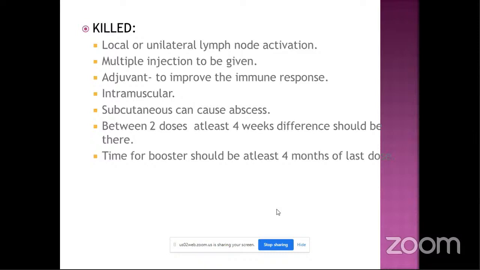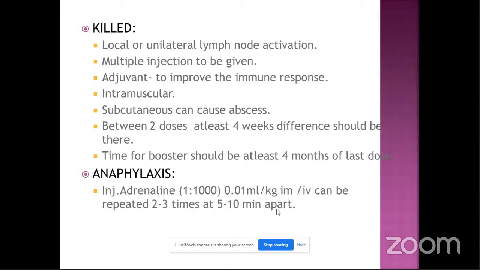So most killed vaccines are given by the IM route, as in the case of DPT. For any vaccine, as well as for the killed vaccine, at least 4 weeks of difference should be there between 2 doses, so that the primary antigenicity increases before the next is given. The booster should be at least 4 months after the last dose. So a minimum of 4 months.